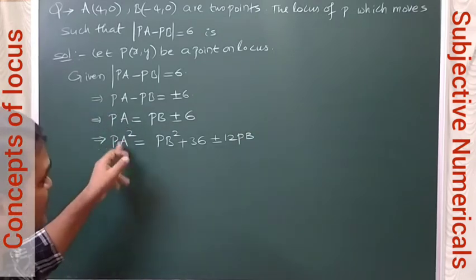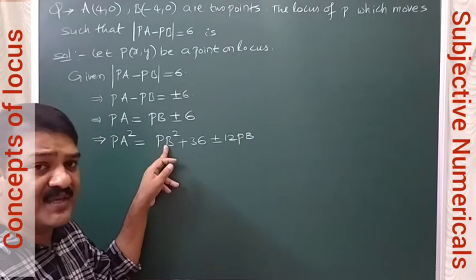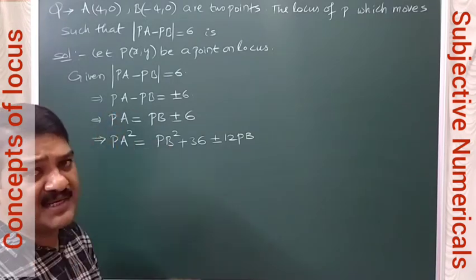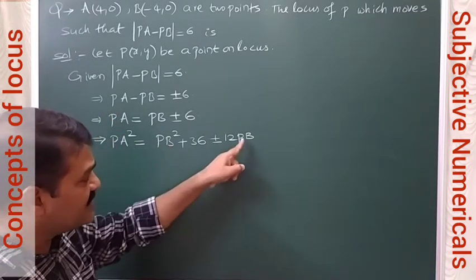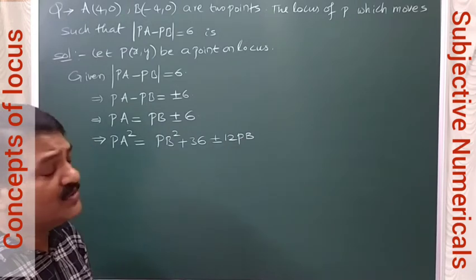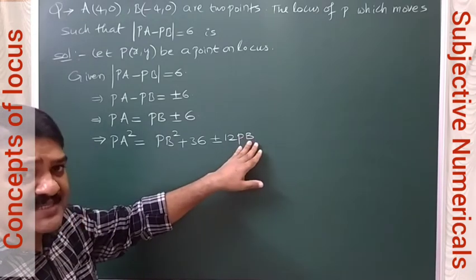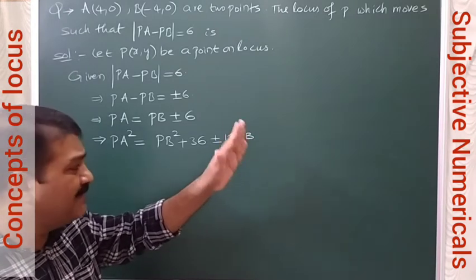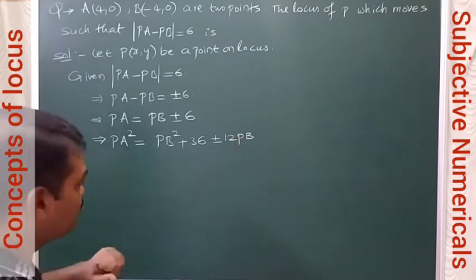For PA square and PB square, since square is there, the square root will not come when we use distance formula. But for this one, square root will come. So I will keep this as it is at present, and after some time let us try to eliminate the square root from this also.